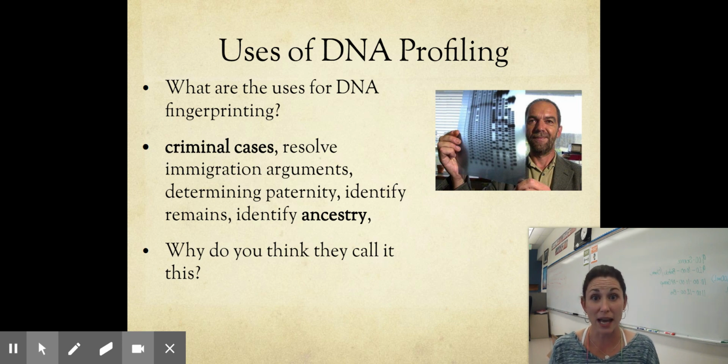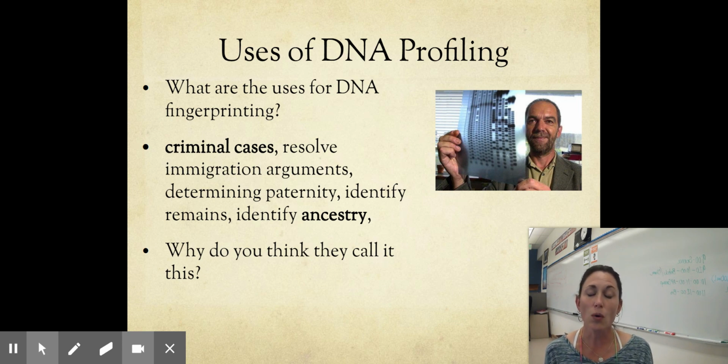So, who's baby daddy? Also, it helps us identify remains from perhaps a crime scene or from some kind of a disaster that may have occurred, where bodies might need to be recovered. And then finally, we use it to identify ancestry or relatedness from individuals.